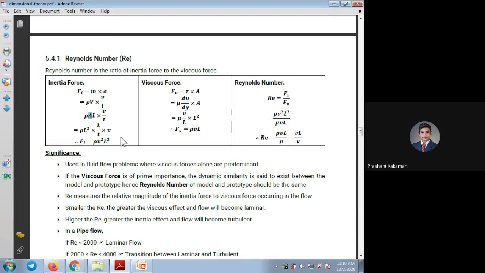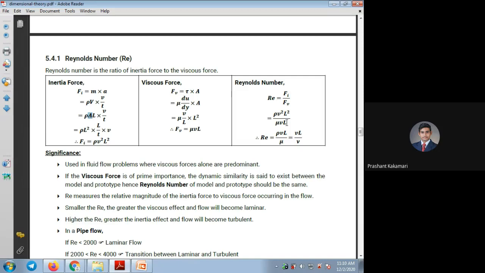These two are substituted like this so that we can take the ratio and write it in a simplified form. Now the Reynolds number, inertia force by viscous force, is rho V square L square by mu V L. Here we can cancel V and L in the denominator.